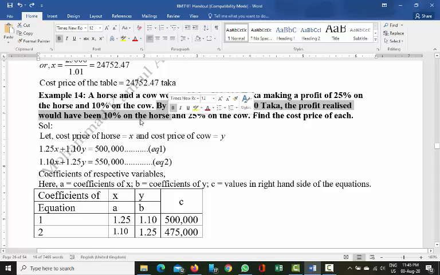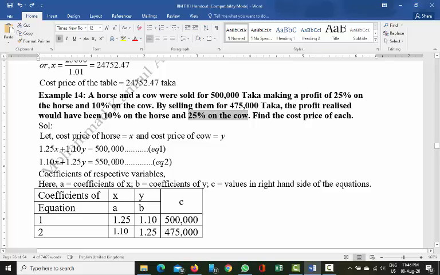If the cost is 1 taka, profit is 10 paisa, so total 1.10. The cost price of the horse is X, so we will have 1.10x. And you can make a profit of 25% on the cow. Cow price is Y, so that means 1.25y.